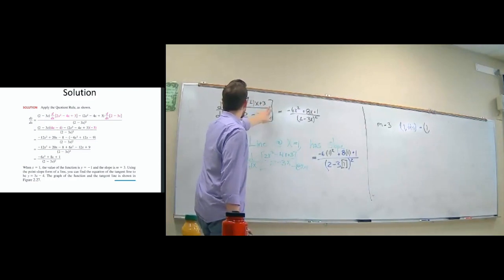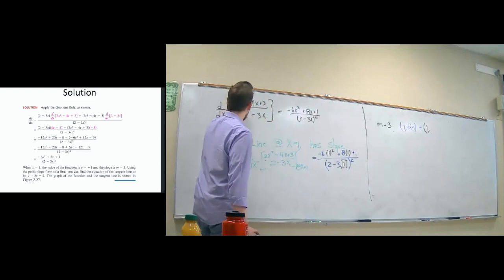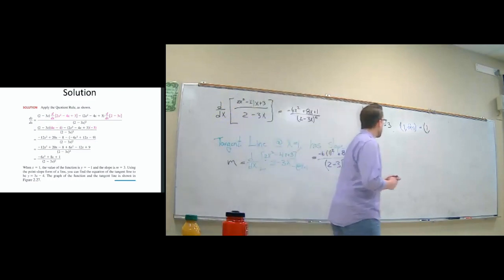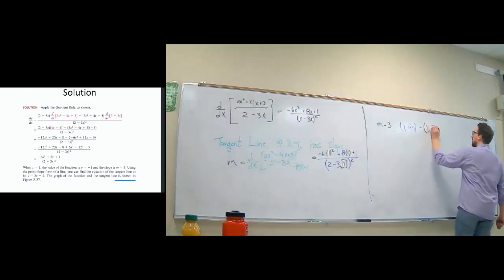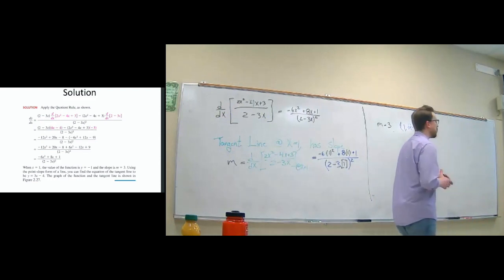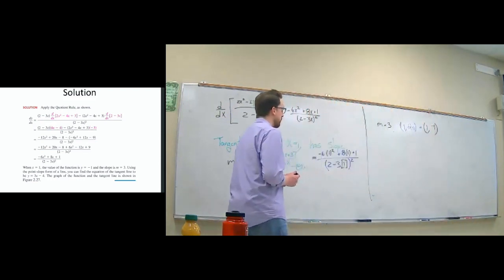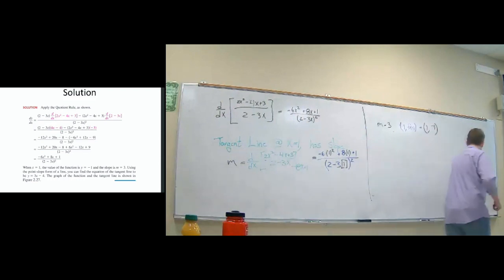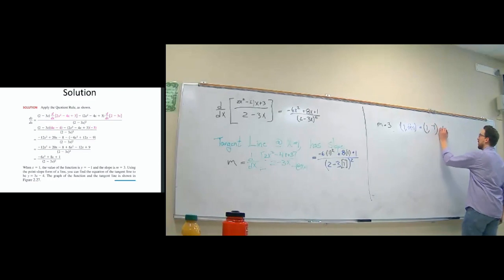I mean, my mistake, it is 1 divided by 2 minus 3x. So 1 divided by negative 1 is going to give us negative 1. So this is our point of concern.